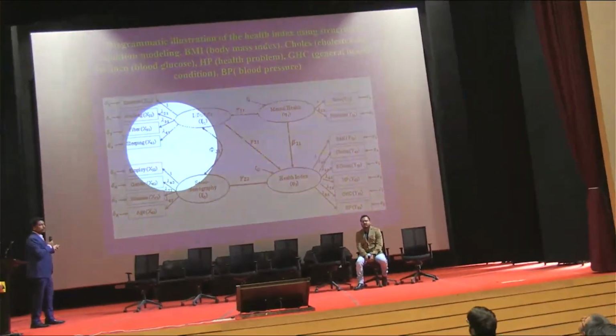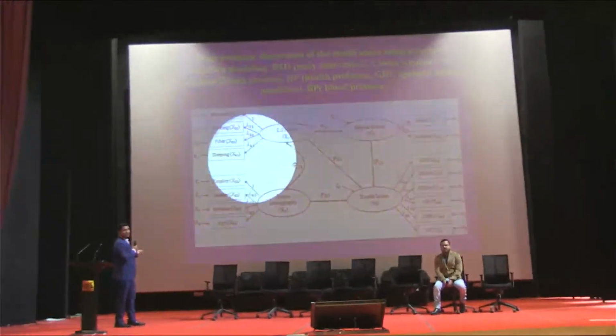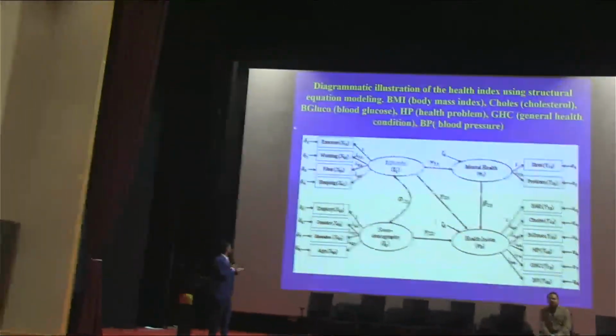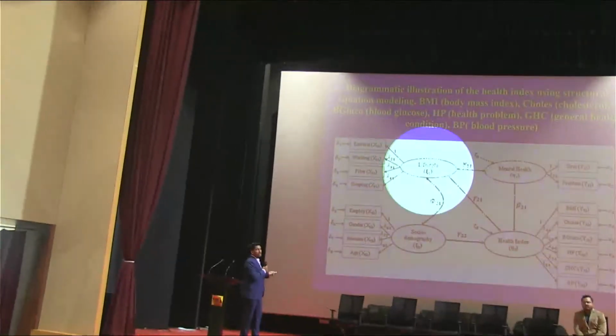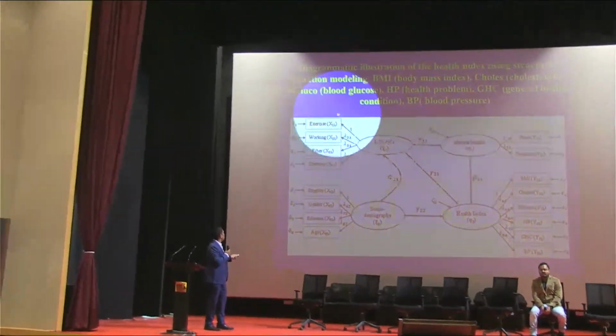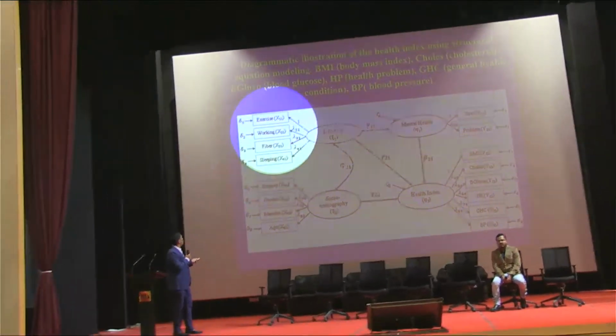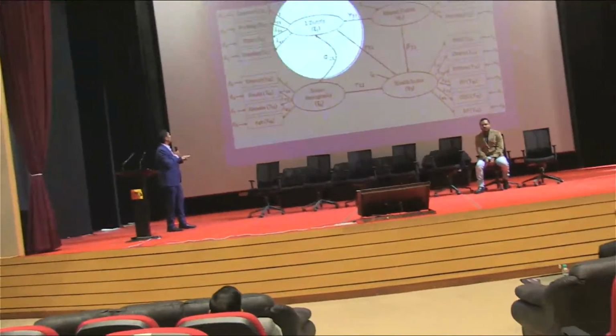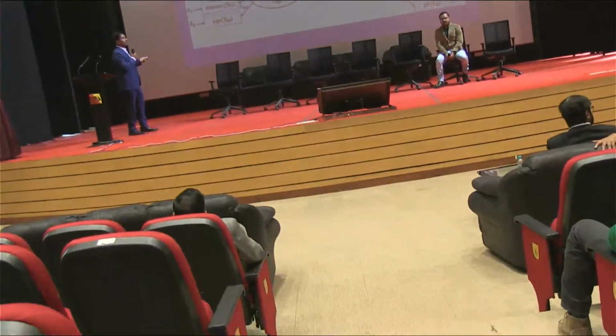These are the four variables on which we have collected data, and this is an unobserved variable on which we have not collected data, but we have an assumption that all four observed variables are simply reflections of this particular unobserved variable.